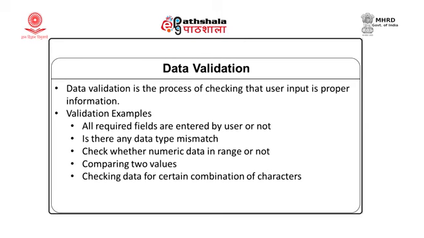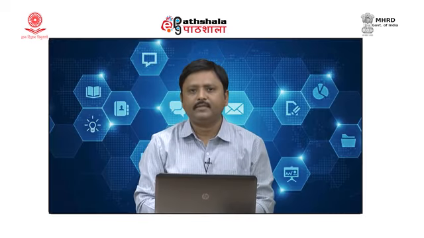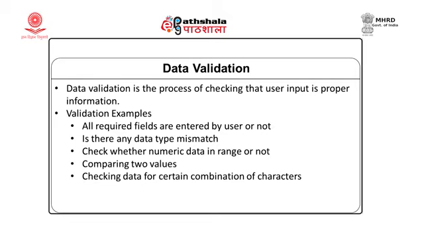Another important use of JavaScript is data validation. So, what is data validation? Data validation is the process of checking that user input is proper information, or that user input is properly provided.